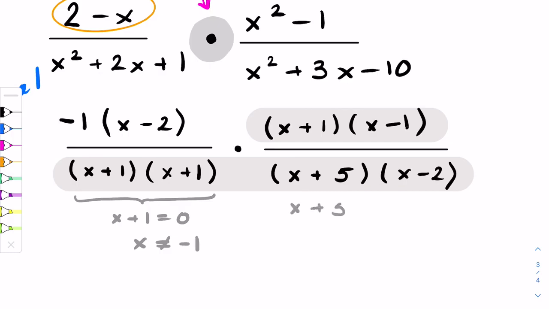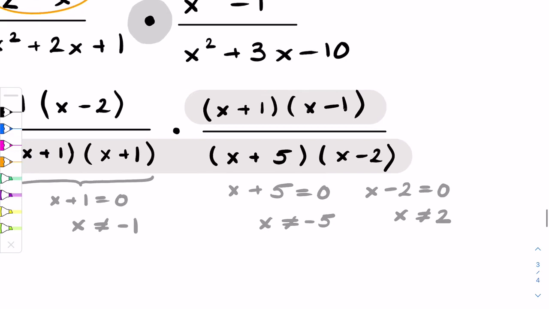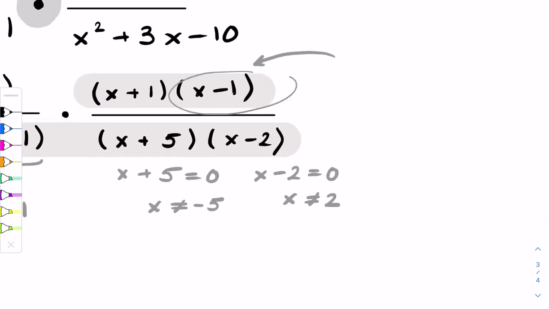X plus 5 gives me a restriction of x cannot equal negative 5. X minus 2 is a restriction of x cannot equal 2. And then this numerator: here we have a factor of x plus 1, but we already listed that down here, so I'm not going to relist that. The only thing I need to list is my value of x minus 1 for my domain restriction.